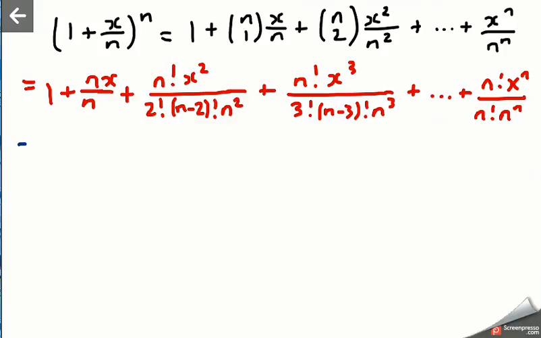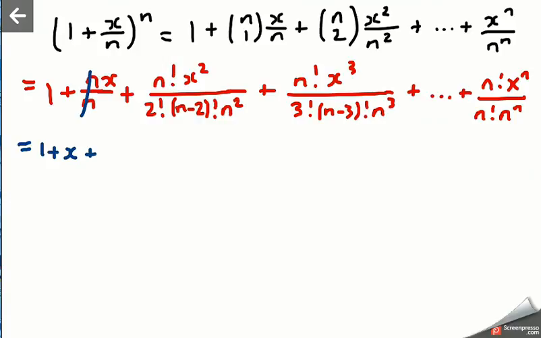We're going to do a bit of simplification now. First one, this n divided by n cancels, so we just get 1 plus x. And now, well, n factorial divided by (n minus 2) factorial. So n factorial is n times (n minus 1) times (n minus 2) times (n minus 3) and so on. In other words, it's n times (n minus 1) times (n minus 2) factorial.